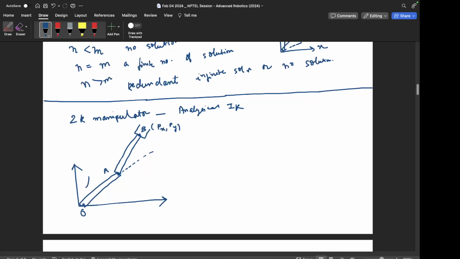The physical quantities involved here which are fixed are the lengths L1 and L2, and the joint angles are theta 1 and theta 2.